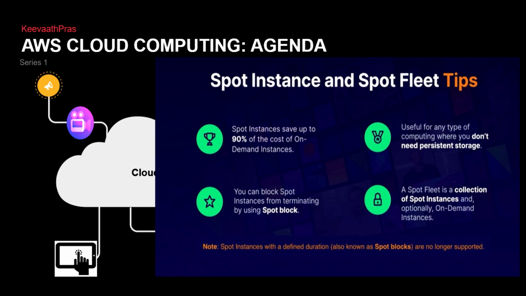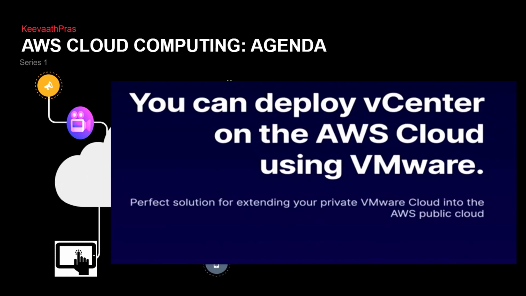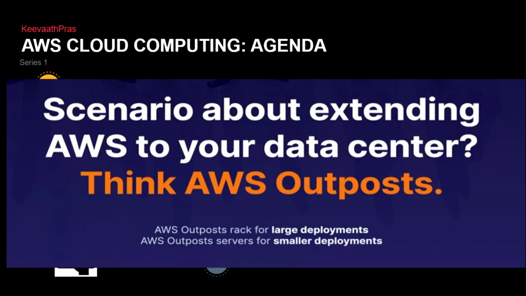Okay. Spot instance with a defined duration, also known as spot blocks, is no longer supported. You can deploy a virtual center on the AWS cloud using VMware, and we also saw about VMware. Okay. And Outposts.